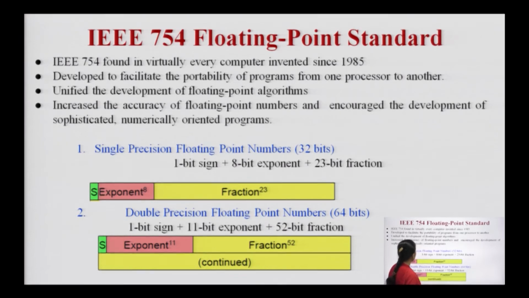Then there is a standard for representing floating point numbers. That standard was given by IEEE in 1985, and its name is IEEE 754. It was developed to facilitate the portability of programs from one processor to another. Otherwise, in one computer the numbers were in one form, and in a second computer they were represented in another form, and it was very difficult to represent them and to perform any operations on them.